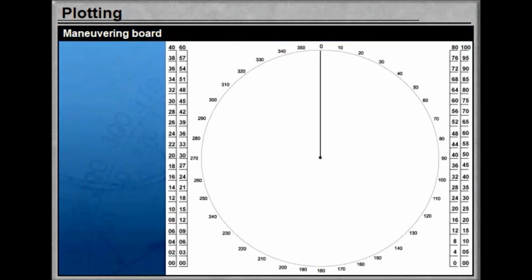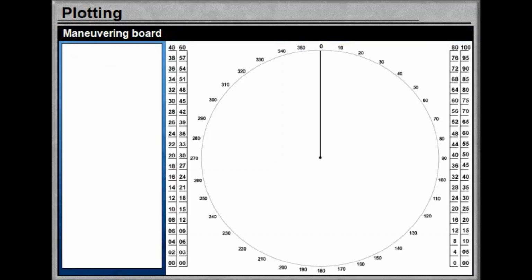In this plotting example, own ship's head up is used as reference. Use the following parameters for plotting. Own ship speed, 19 knots. Own ship's true course is 087 degrees. Time, 00 minutes.